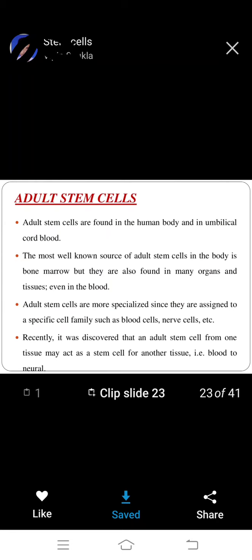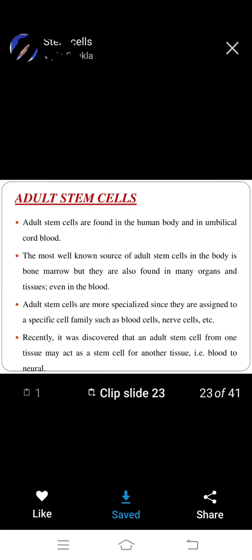Somatic stem cells, adult stem cells are found in the bone marrow and in the umbilical cord blood. Okay, found only in bone marrow and umbilical cord blood.